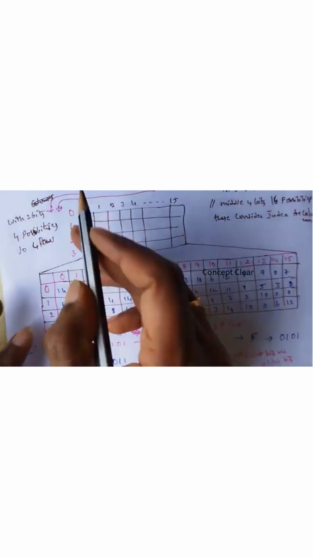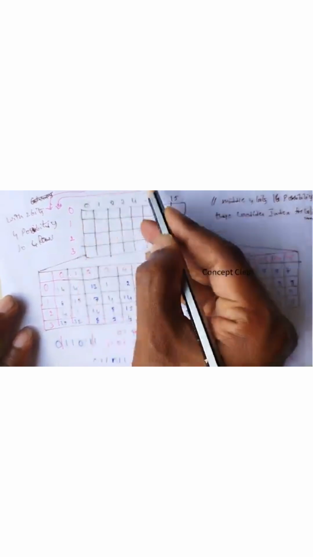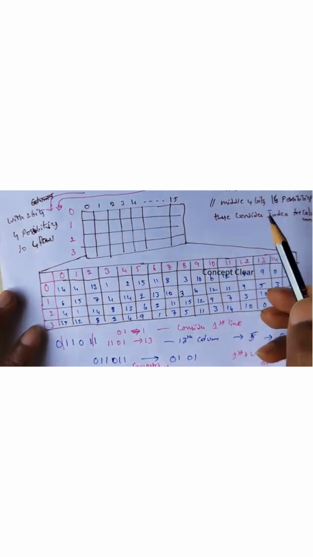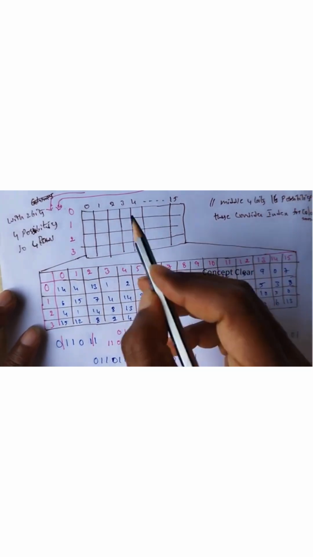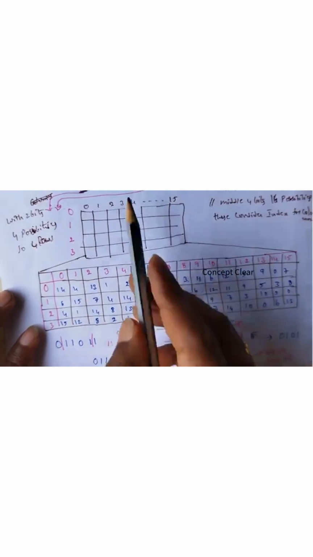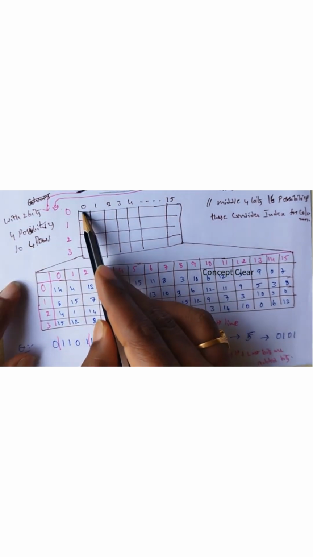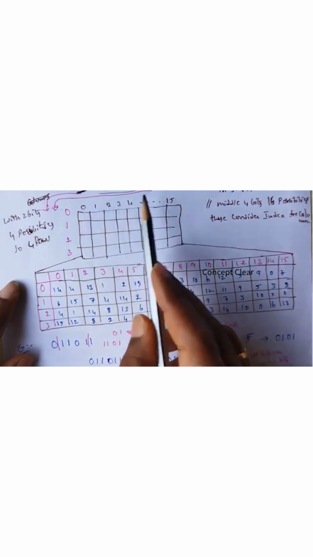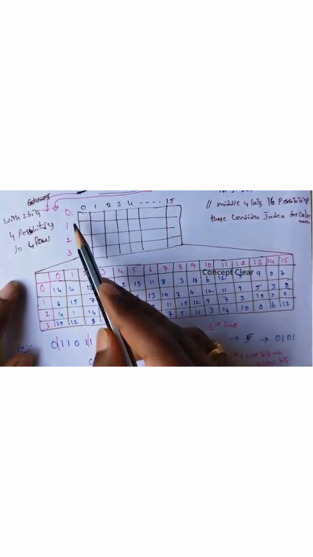Okay, see here. Here I am taking the 6 bits: 1, 2, 6. In that, the first bit and last bit are the index for the rows, and the remaining 4 bits have 16 possibilities, 0 to 15, and these are the columns.